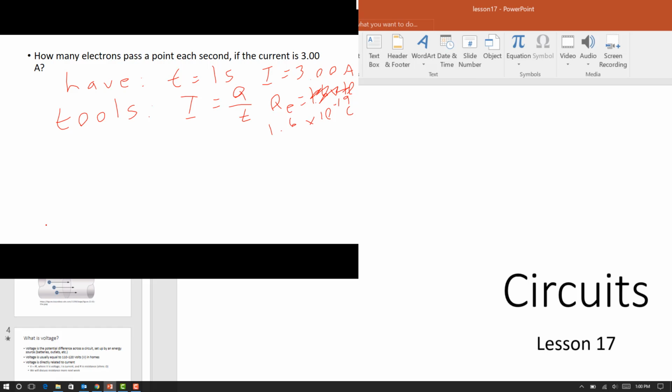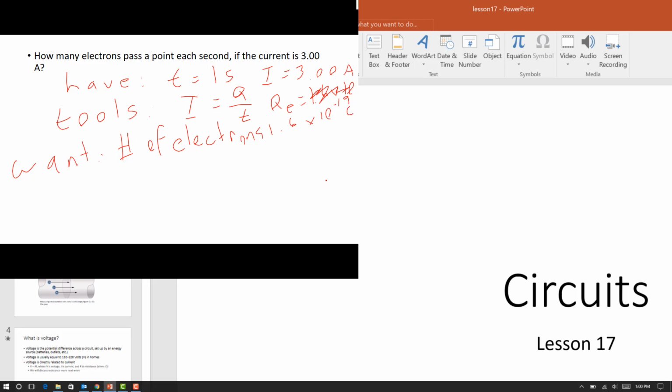And then what do we want? We want number of electrons. But we can't solve that directly. Right? We can't solve that directly, so we want the number of coulombs, and then from there we can determine the number of electrons.